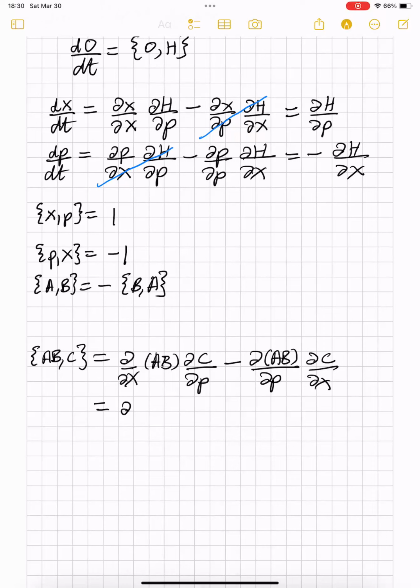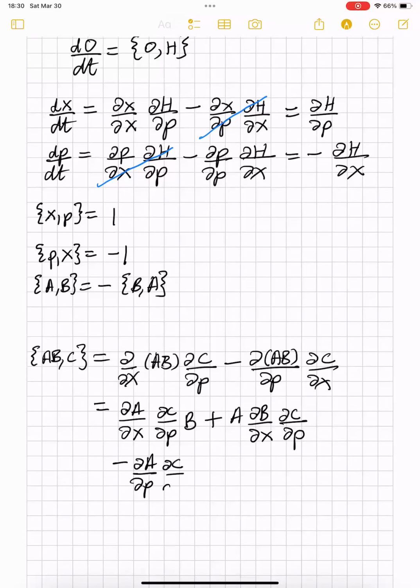So this is just dA/dx, I've got dC/dp, and let me put down the B, plus, and now I won't differentiate the A, but I will differentiate the B. And then we've got minus. So I'll differentiate the A with respect to p, and I will leave the B alone.